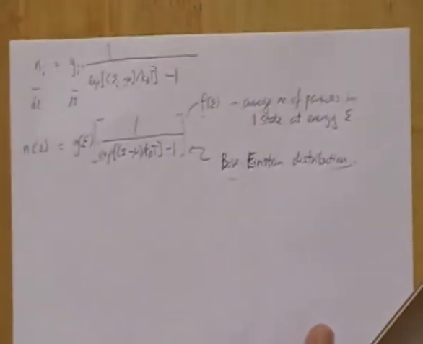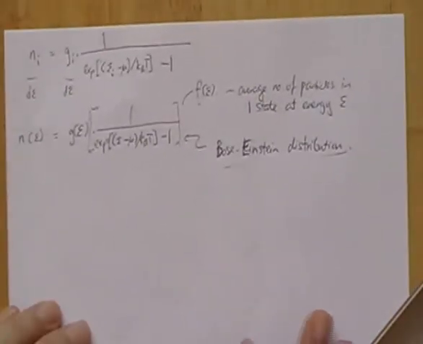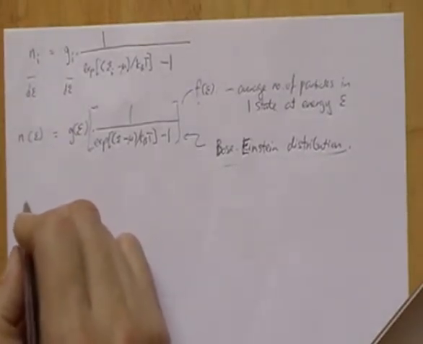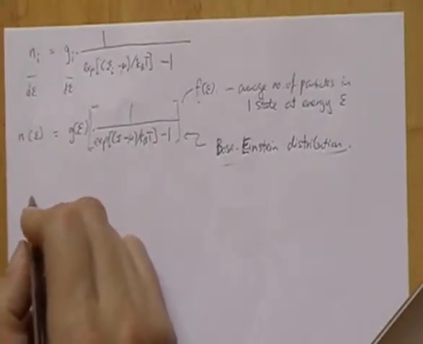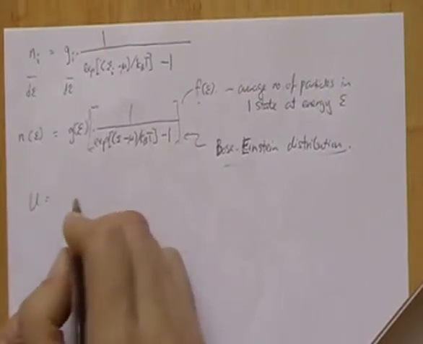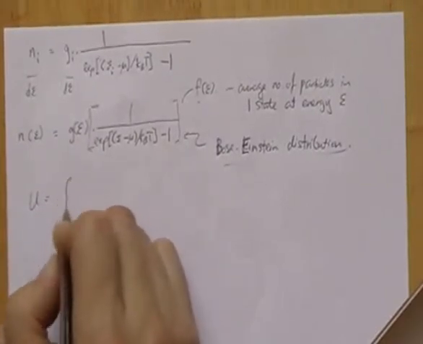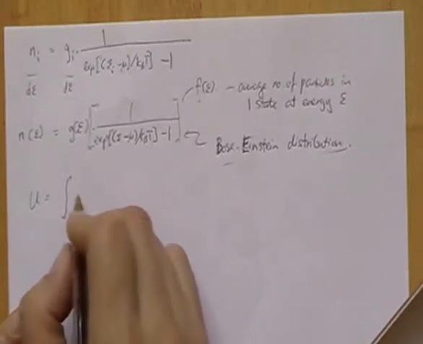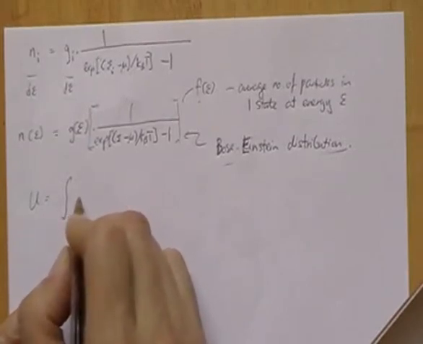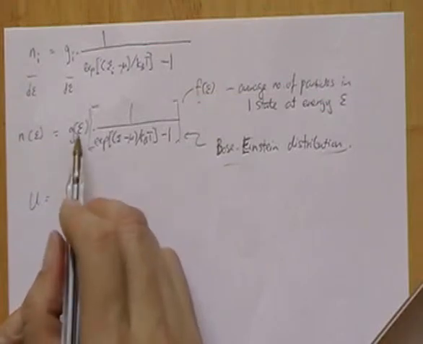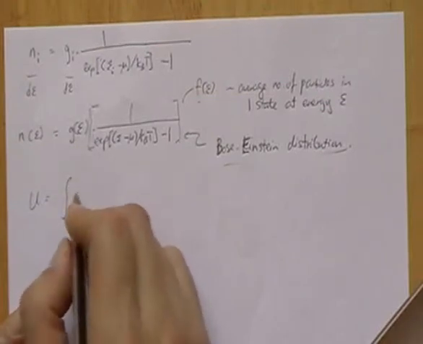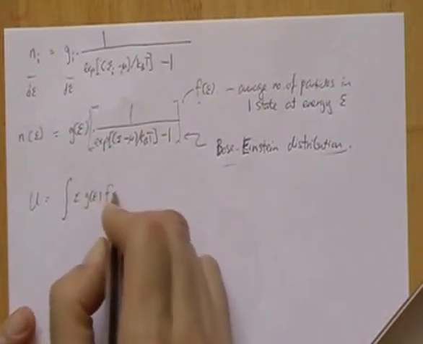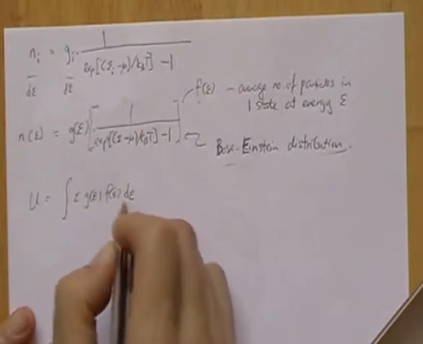Coming back here, the U here, let's see what it looked like in its full glory. We know what it looks like. It's the integral of E g(E) F(E) dE.